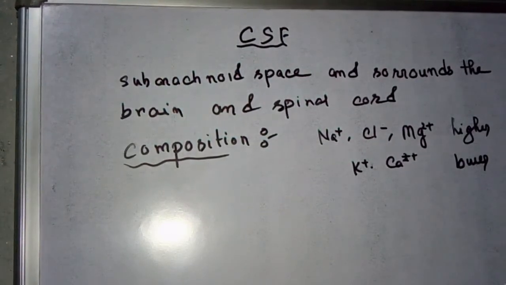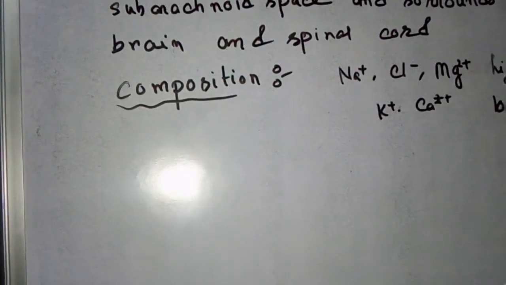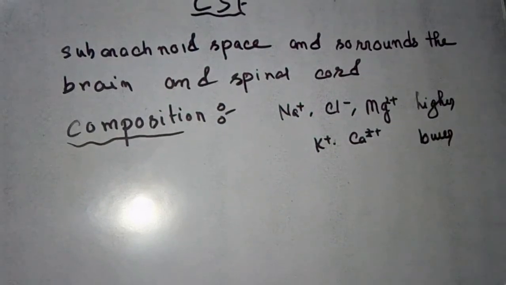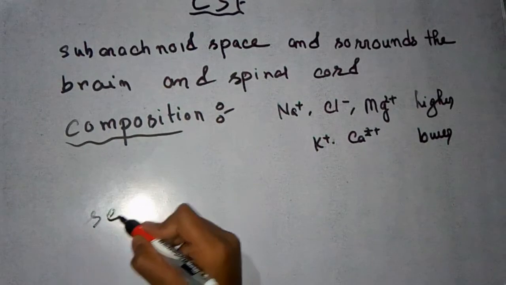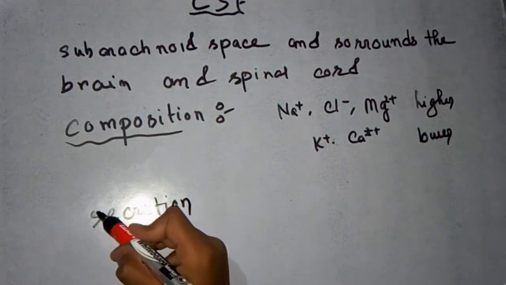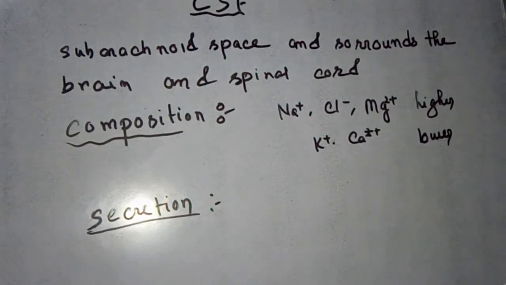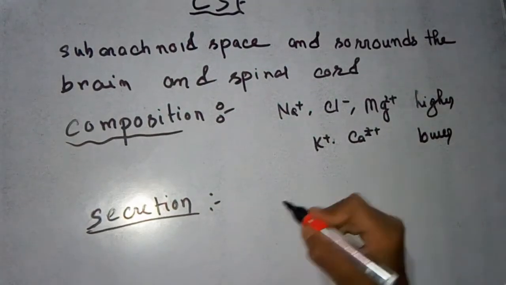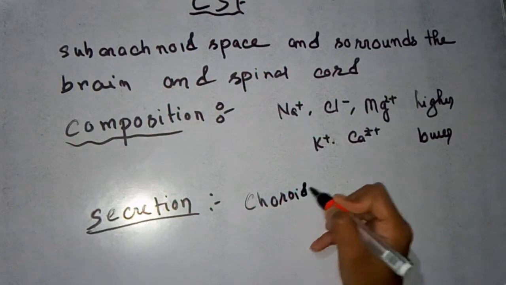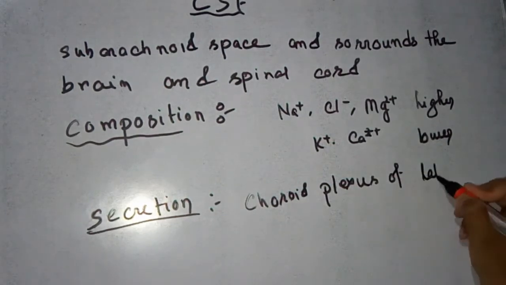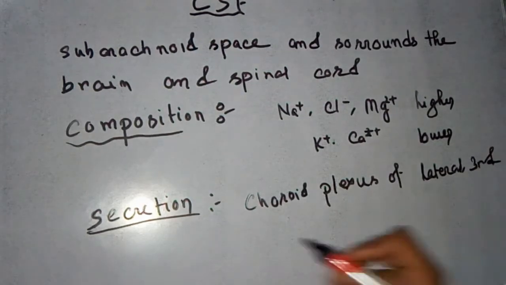And now the secretion of CSF. CSF is secreted by the choroid plexus of the lateral, third, and fourth ventricles.